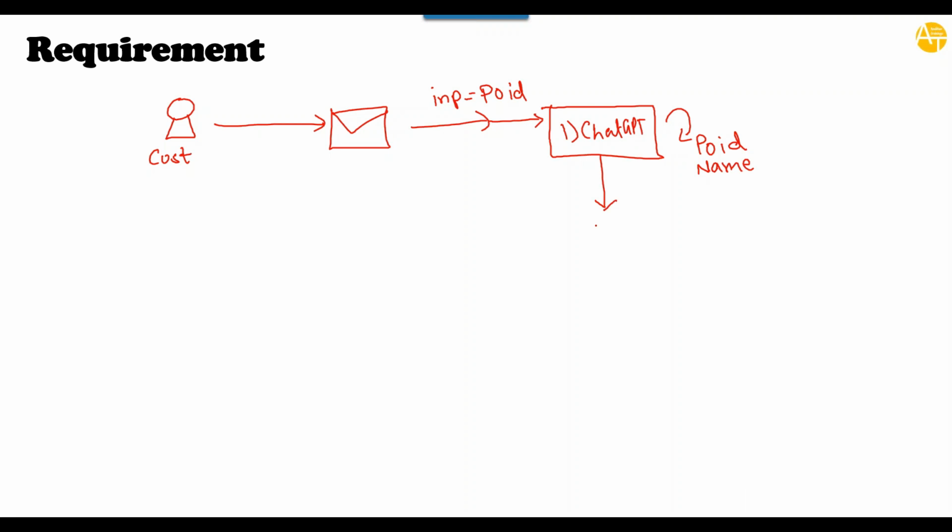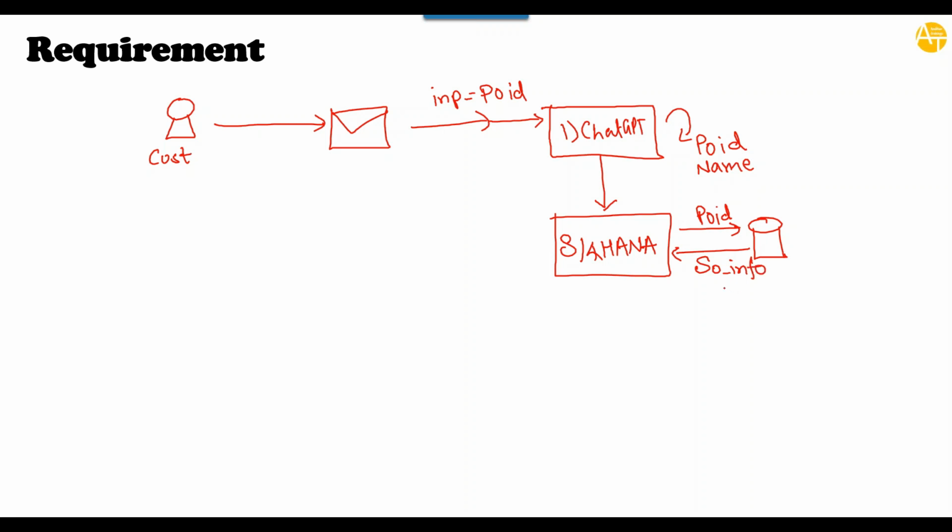Then the next step, based on this purchase order ID, we are going to call our SAP S4HANA system and query the information about the corresponding sales order of this purchase order. So we pass the purchase order ID and get the sales order information in real time with the status.